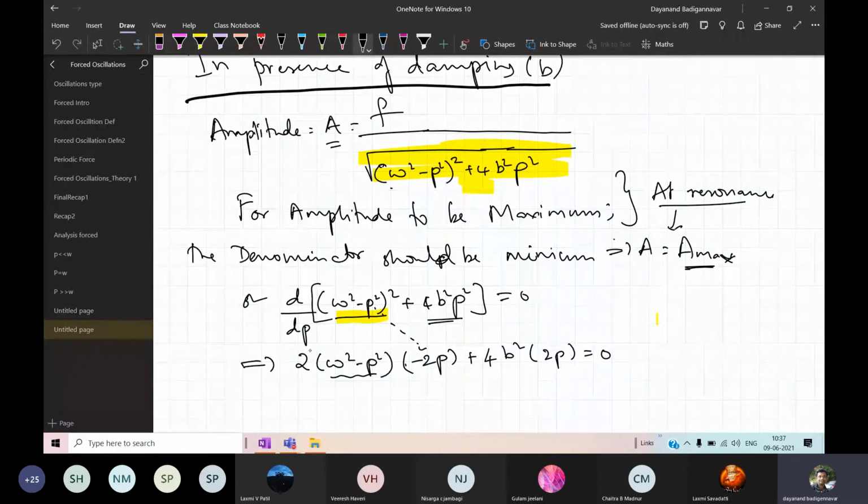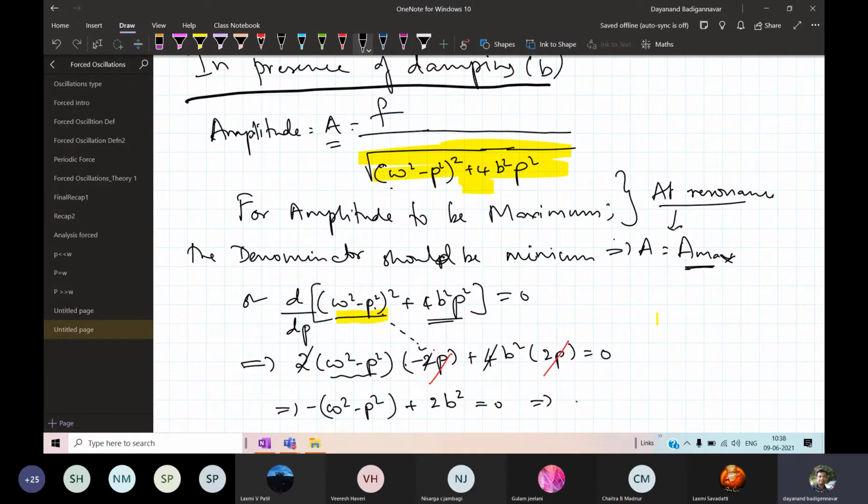Now simplify it. This 2 and this 2, 4, get cancelled. You are left with only 2 here, and here I have p. This p and this p get cancelled. So that will give you omega square minus p square. Minus is as it is, so it is minus of plus 2b square. You get it as 2b square equal to 0.